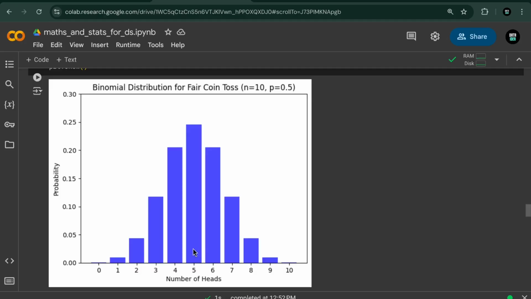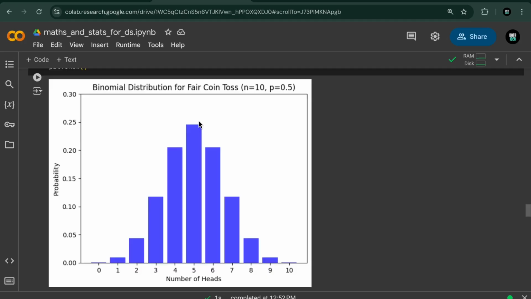Here we can see that if our success is the head of a coin, and we toss a coin 10 times, we can see that the most likely number of times a head will occur is about 5. Okay, and it takes on half of the chances.